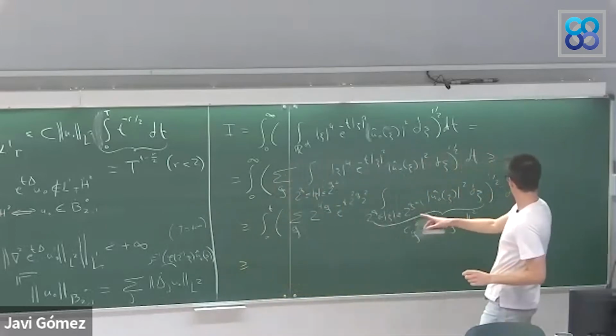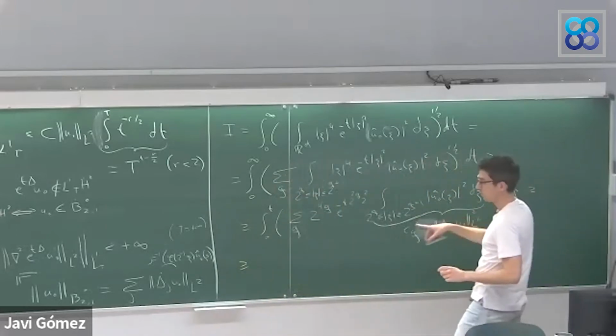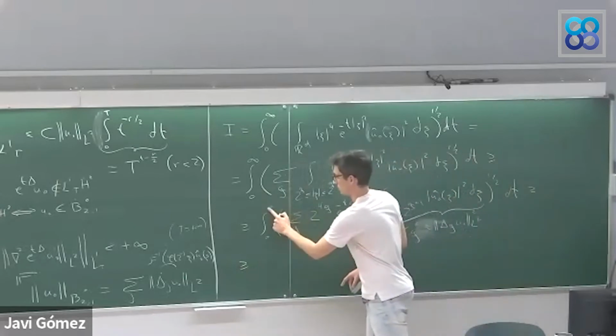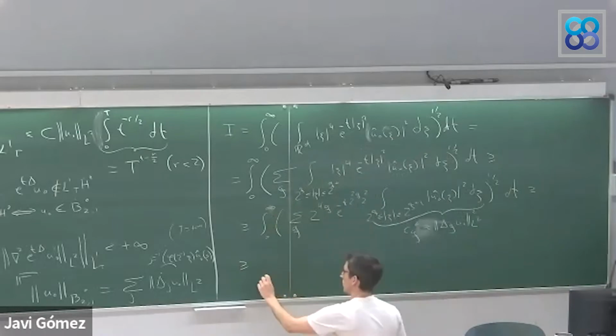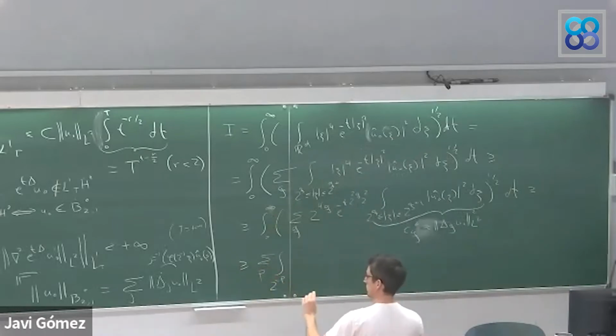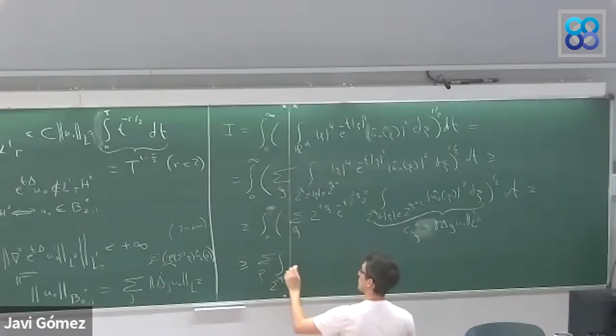And now I want to make the time interval disappear. So I will also split this in direct blocks from 2 minus 2p, 2 minus 2p, 2 minus 2p.